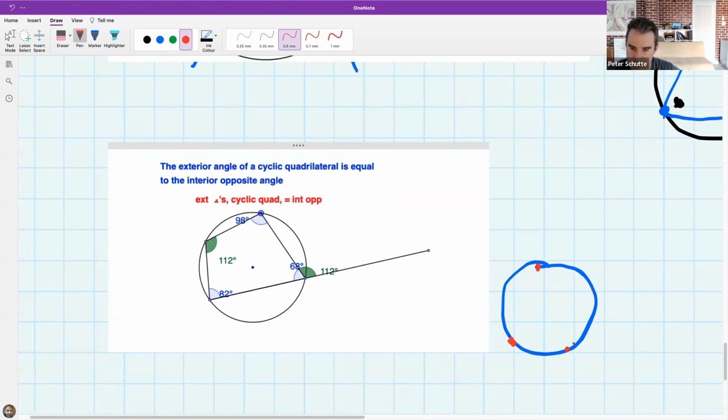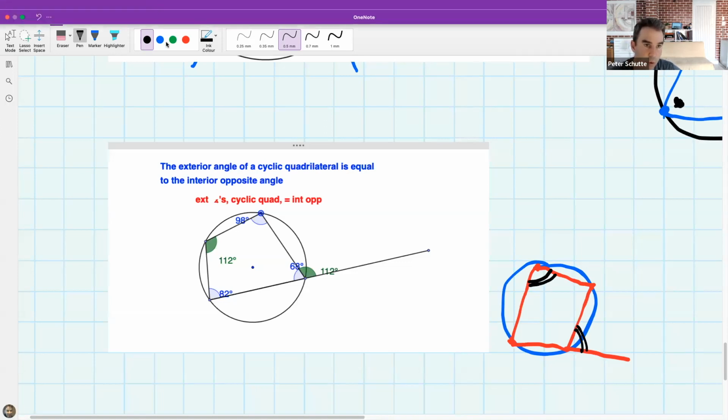So here is my cyclic quad. Now, at the moment, I don't have an exterior angle. So I'm just going to extend that line to give me an exterior angle. Now, this picture is showing me that that angle there is equal to that angle there.